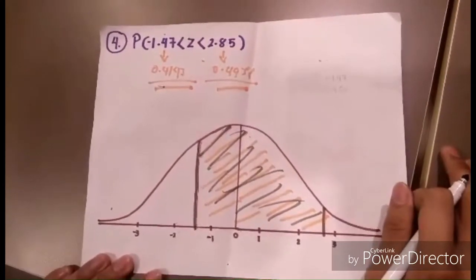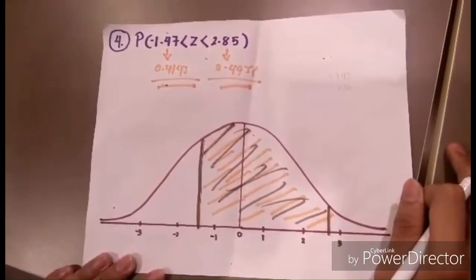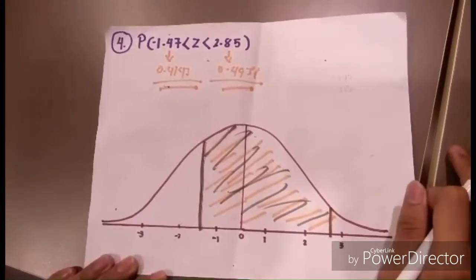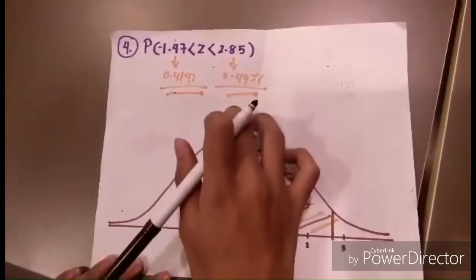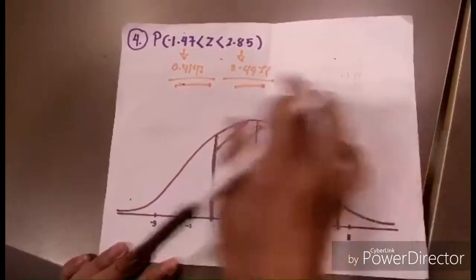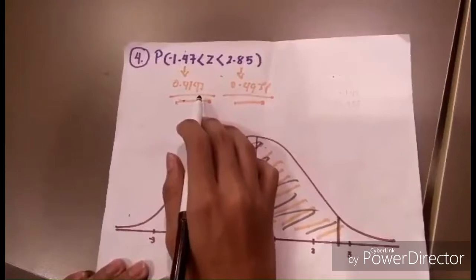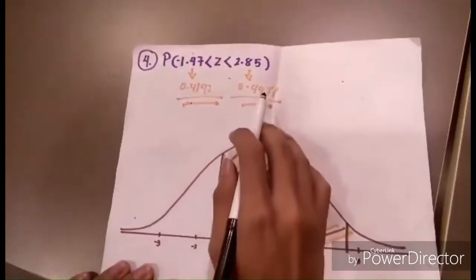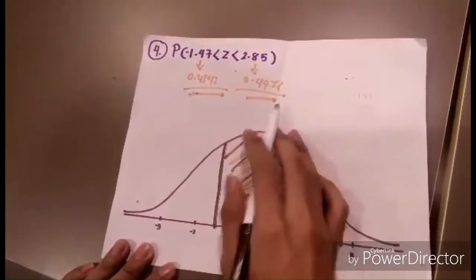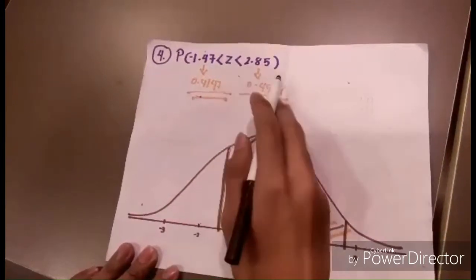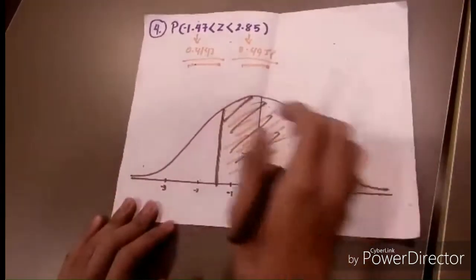So we are now in the fourth problem, which is the probability of z is greater than negative 1.47 but less than 2.85. For those two values, we need to find their value in the z table. The value of 1.47 is 0.4147, and the value of 2.85 is 0.4958. After getting those values, the 1.47 and 2.85 are needed to locate in the normal curve, as you can see in the normal curve right now.